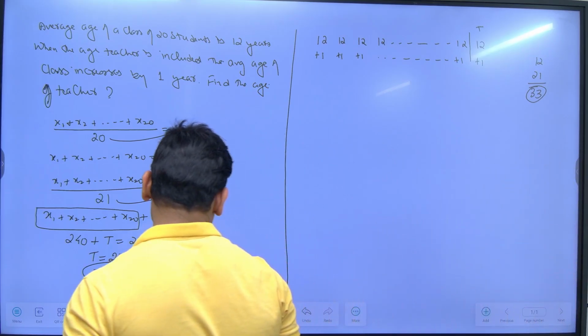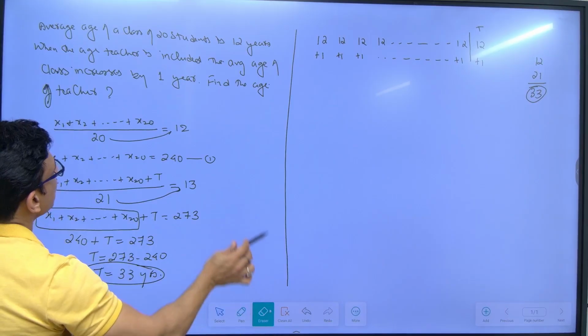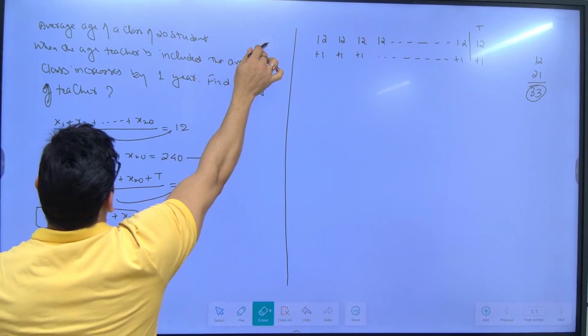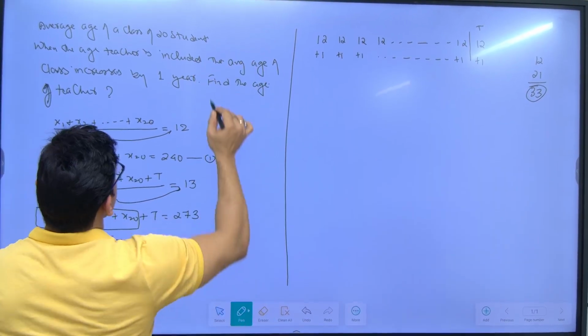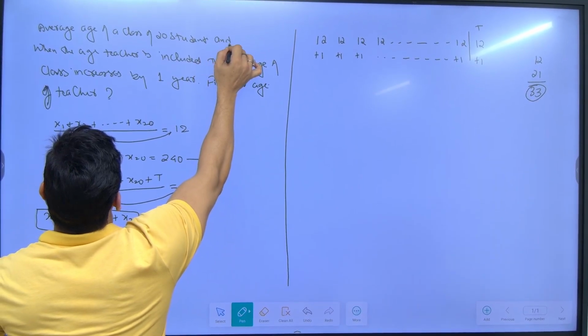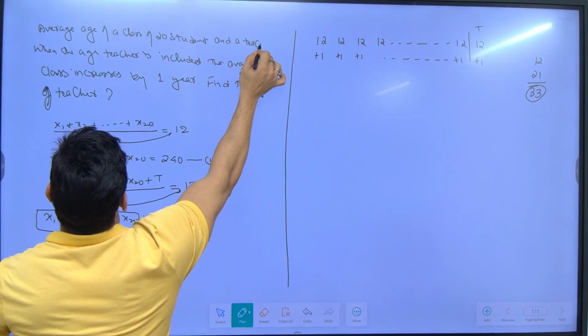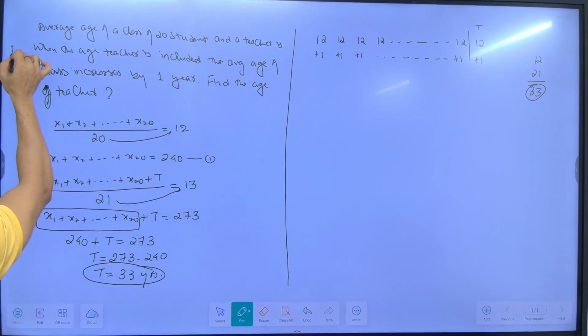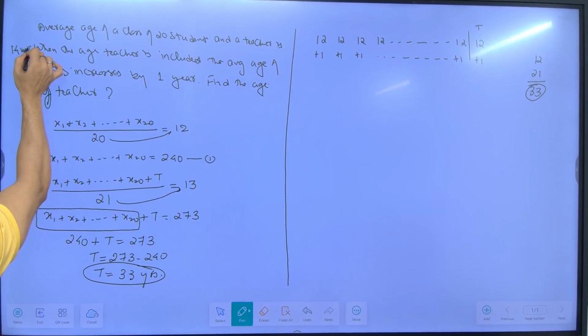I'll change this data. The average age of a class of 20 students and a teacher is 14 years.